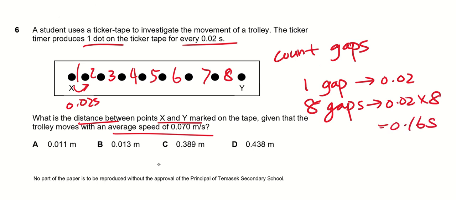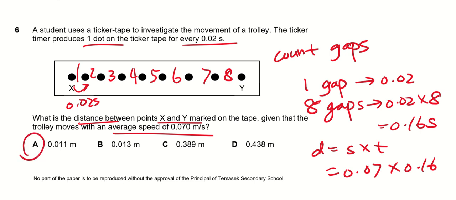Distance equals speed times time, so 0.07 multiplied by 0.16, I will get 0.0112. So the answer is A. So for a ticker tape timer, count the gaps.